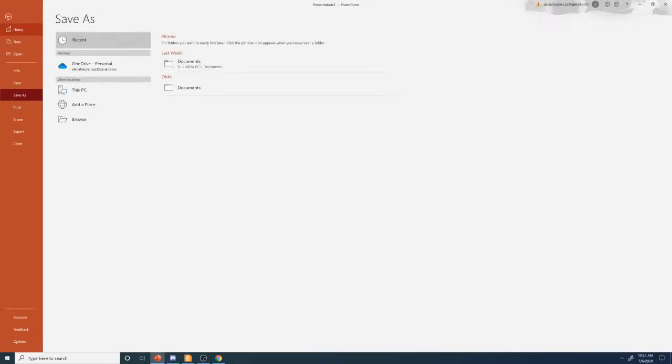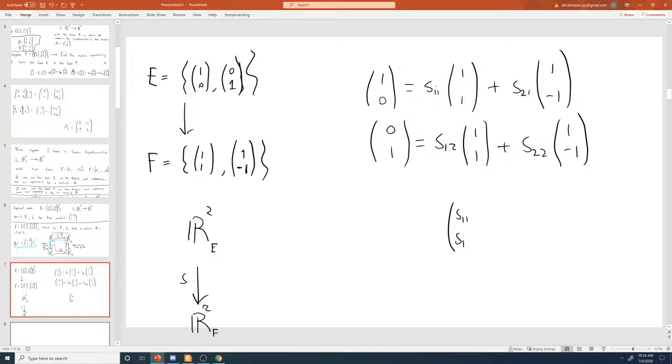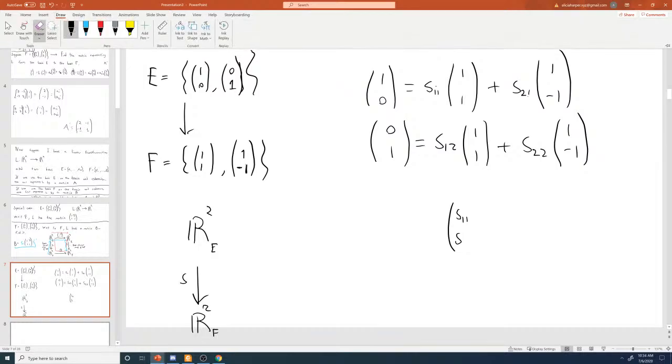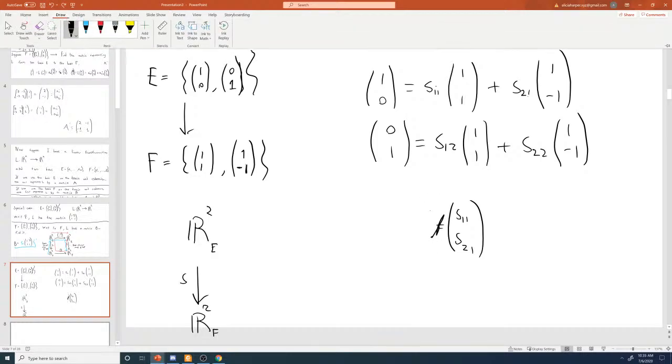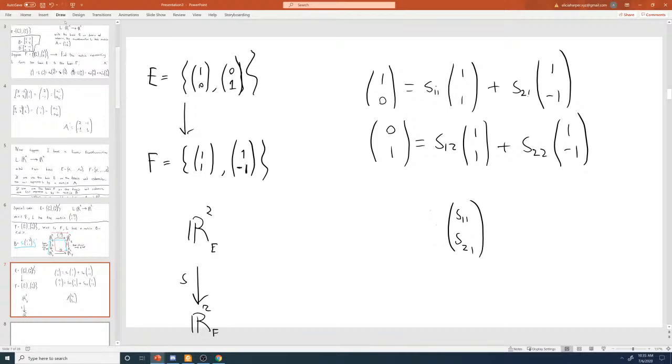If I do that, then I can reinterpret the first of these equations as S11, S21 being multiplied by the following matrix. Here I'll have a 1, a negative 1, and a 1, 1, and this is equal to 1, 0.